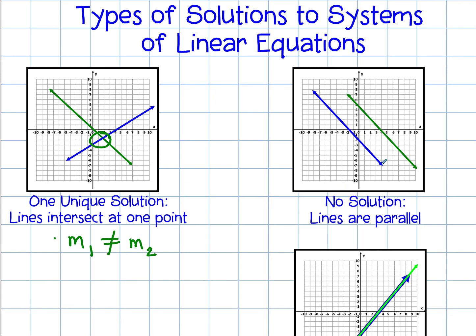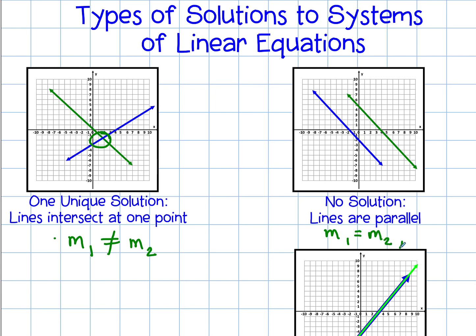Okay, let's look at the second one. These lines are heading in the same direction. The distance between them is exactly the same when you look at them perpendicularly, or at a 90-degree angle, which means they're never going to intersect. That's because they're parallel to each other. What that means is that the slopes of the two lines are equal to each other.